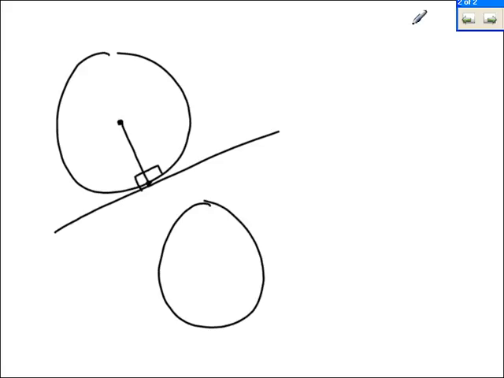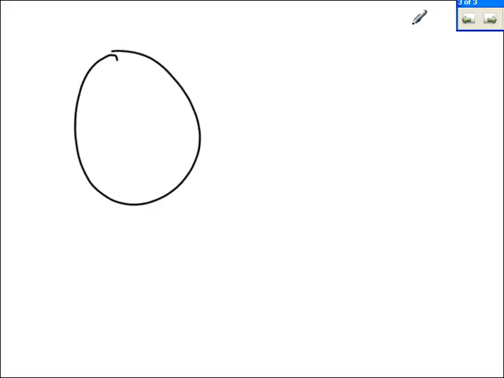If you have a line that just touches the circle in 1 place, then if you go from the center to that point, it's a right angle.